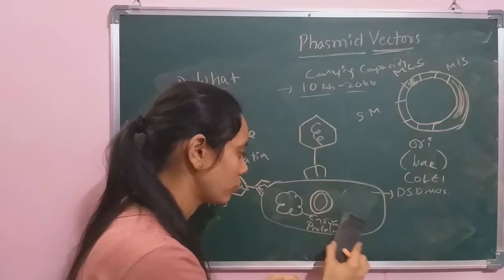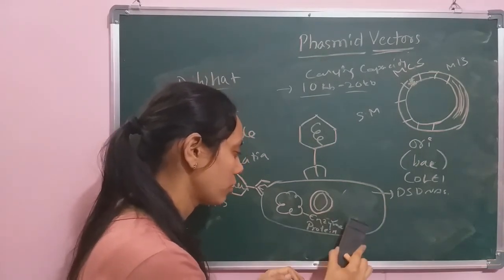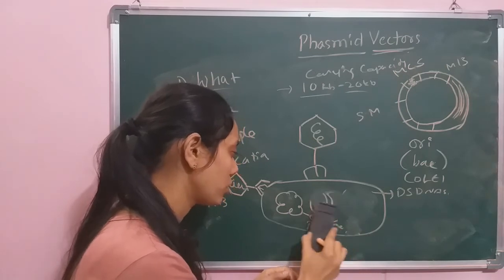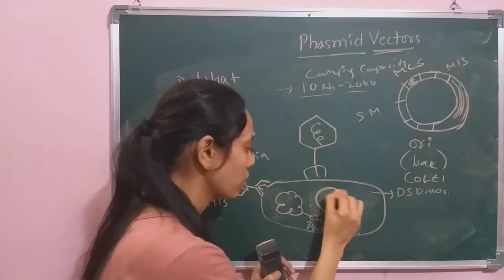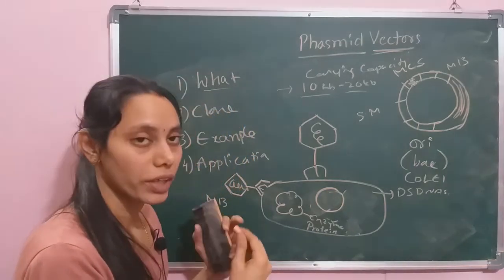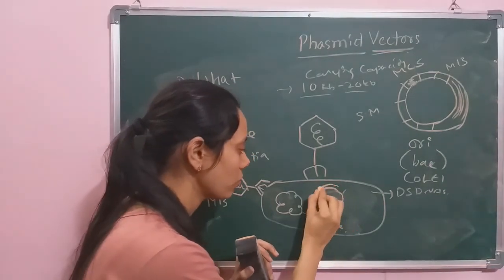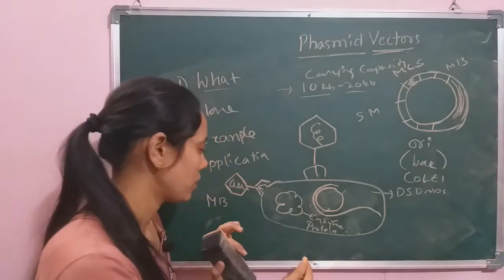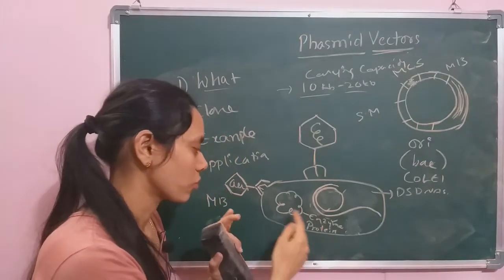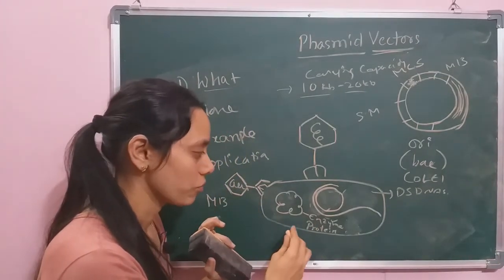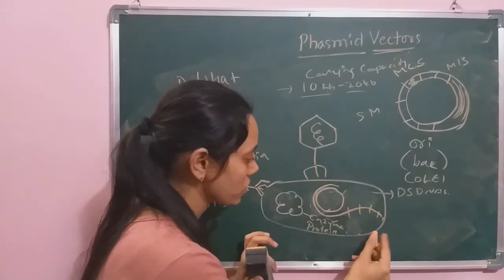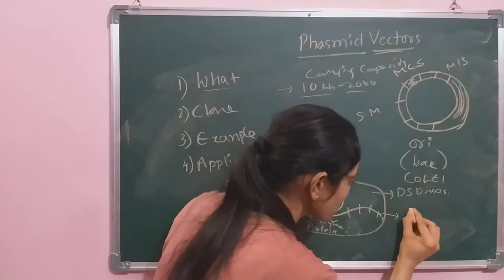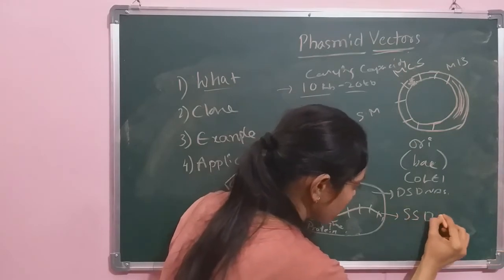So the vector DNA already present in the bacteria will be triggered for the rolling circle mode of replication with the help of enzymes that are produced from the M13 bacteriophage helper virus. So the rolling circle mode of replication is triggered and it produces single-stranded DNAs.